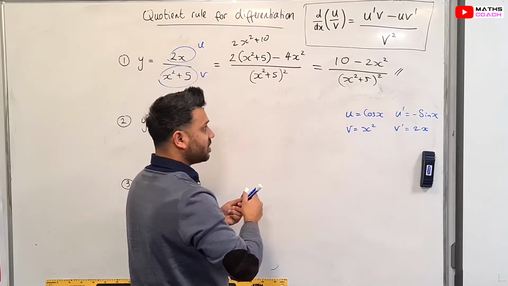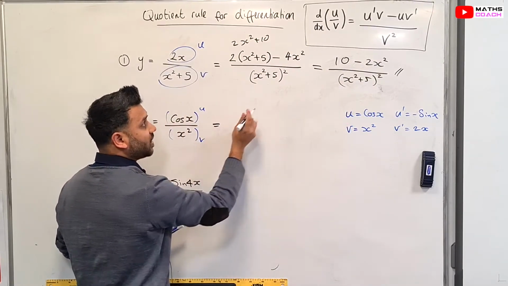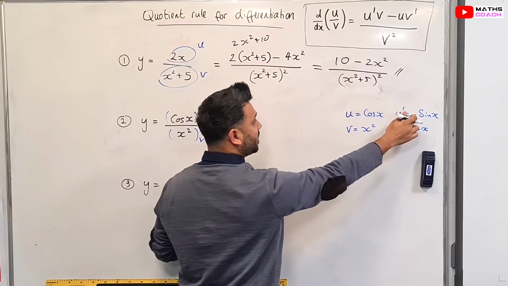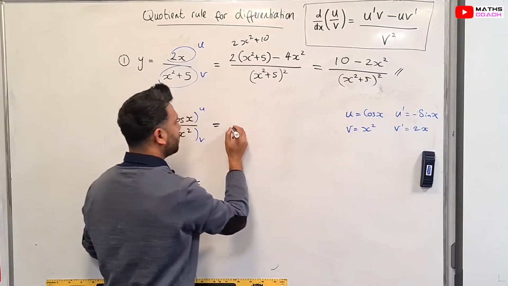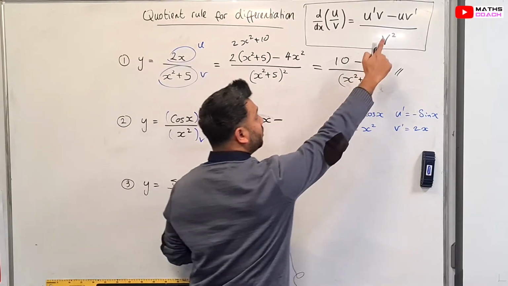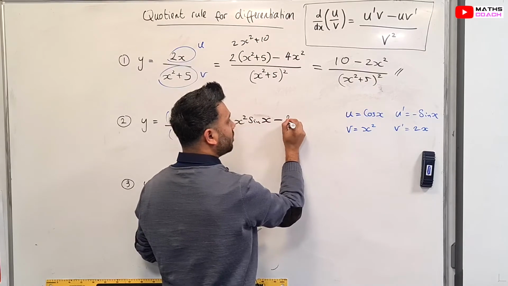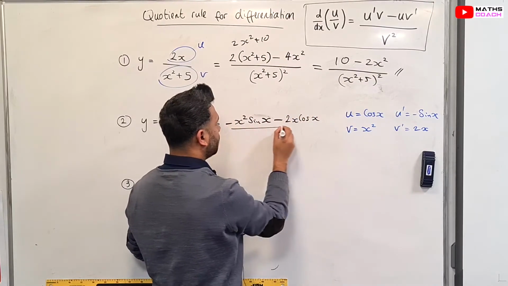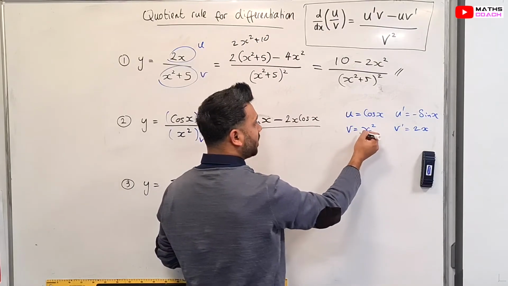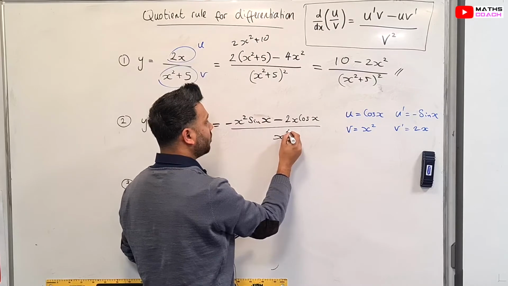So substitute these expressions into the quotient rule and write them here. So we have u dash v, so u dash times v, that gives you minus x squared sine x. Subtract the u v dash, that's 2x cos x, all over v squared. So we have x squared, squared, that gives you x to the power of 4.